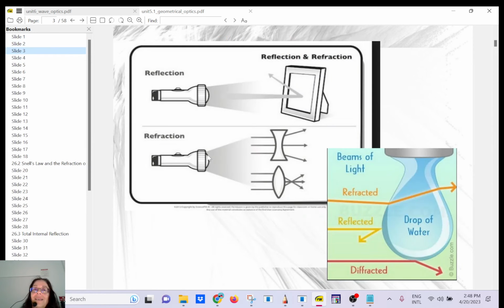I apologize for that. So we have seen the wave properties of light. Now we're going to look at the optics, right? So light can be refracted. This is called refraction.